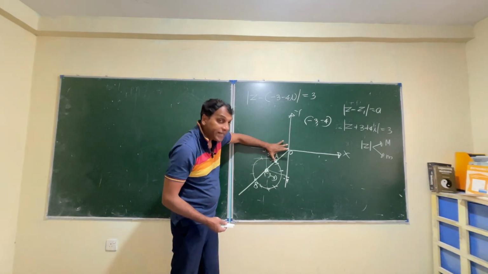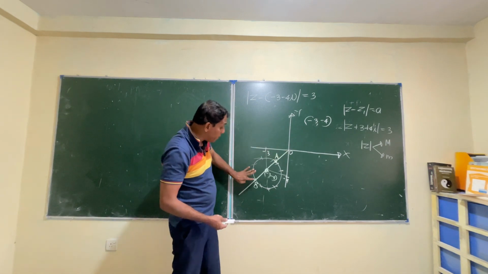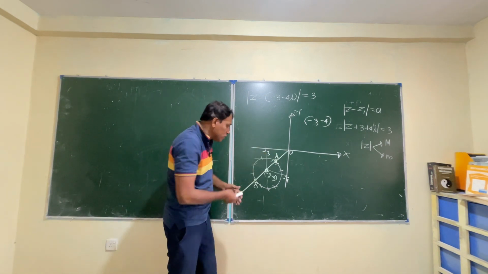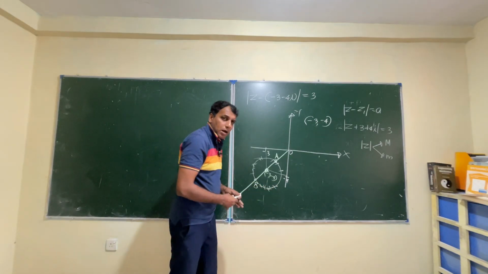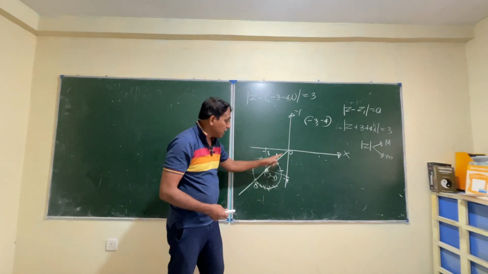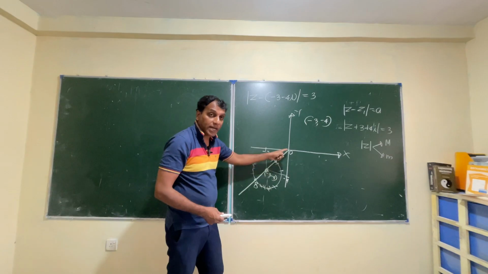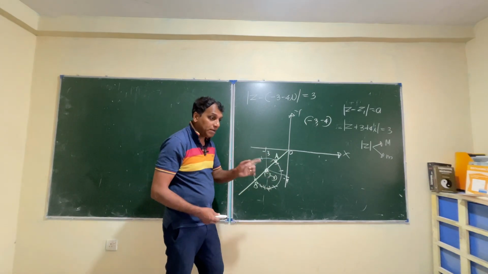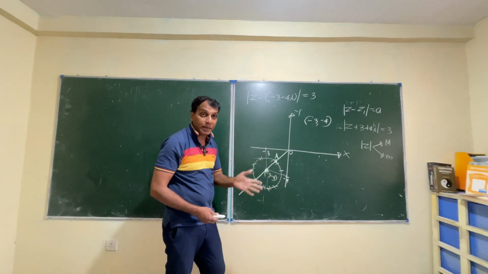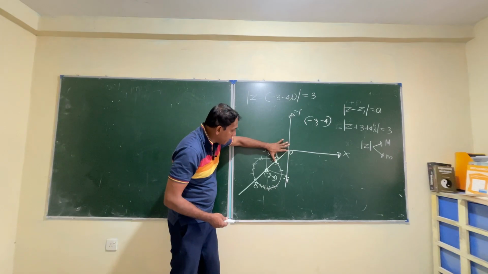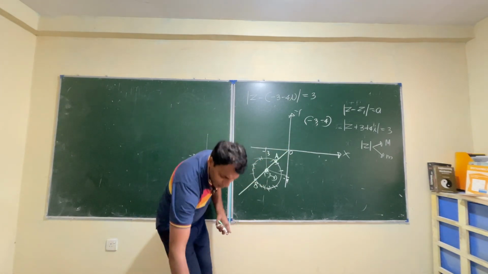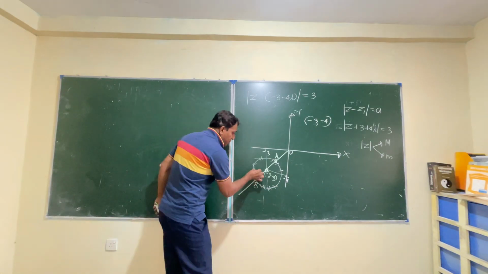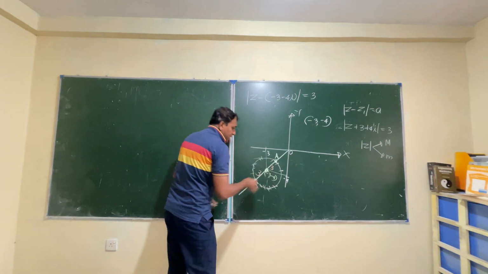O to A is one distance, O to B is another, and everywhere we have some distances, but the least and the highest must lie on the diameter line, the extreme two points of the diameter. This is the smallest distance, here the largest. That's the technique.